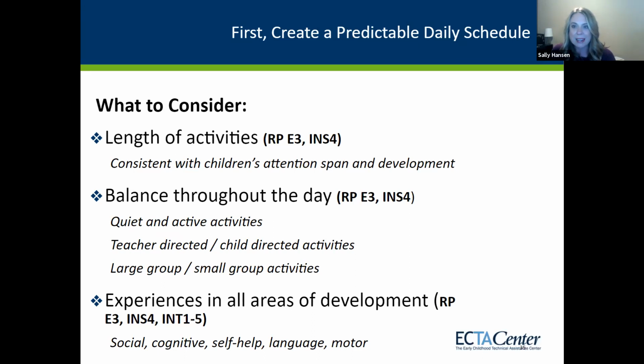We don't want it to be Monday is motor day and Tuesday is cognitive day. Every day should have a variety of learning goals embedded into routines for all children that give them opportunities to be social, to practice their cognitive development skills, to work on self-help, lots and lots of language practice at this age, and of course, gross and fine motor.